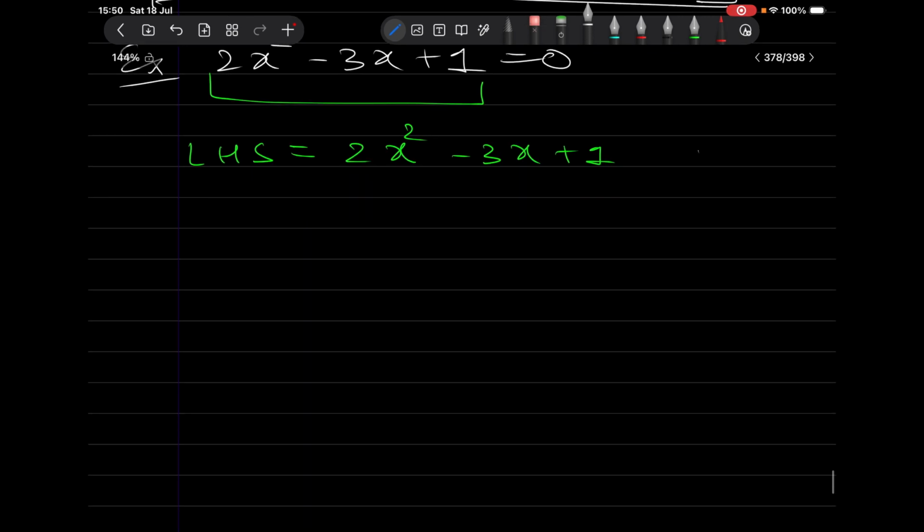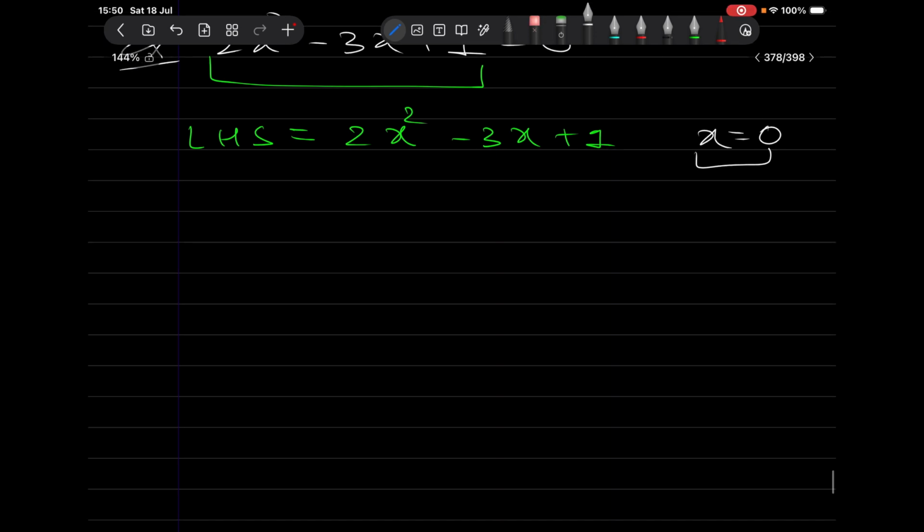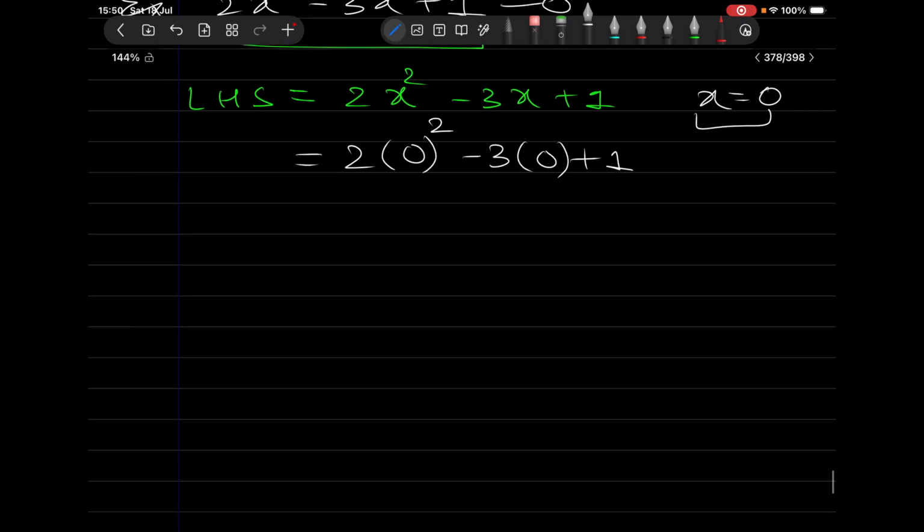If we replace x by 0 on the left hand side, what we get is 2 into 0 whole square minus 3 into 0 plus 1, that is equal to 1, which is not equal to the right hand side.